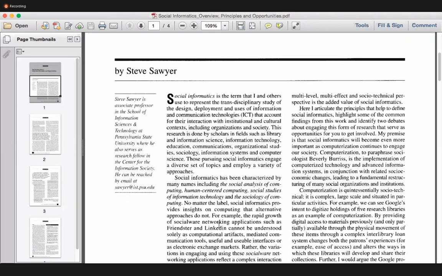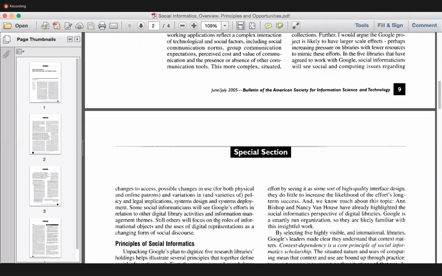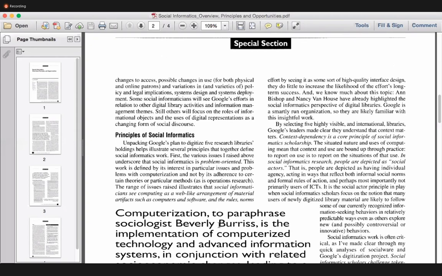It is trying to explain the role of social informatics. So you understand the principles of social informatics, but I will be discussing those in substantive areas. You will see a little more on those principles. You will see here it also talks about context dependence as a core principle of social informatics scholarship. It's certainly an important element in every system that you do.